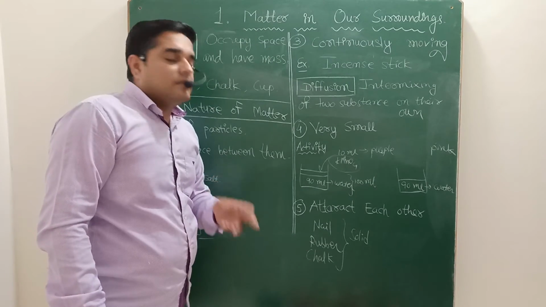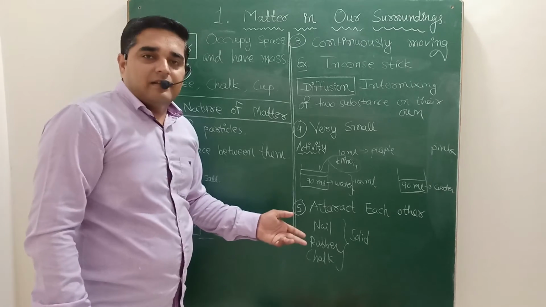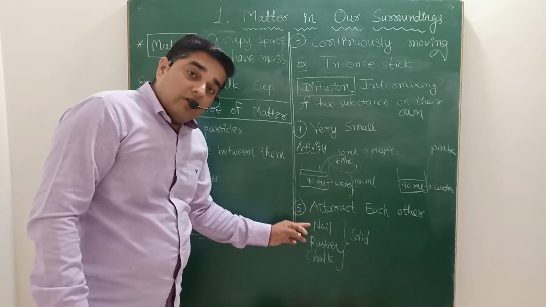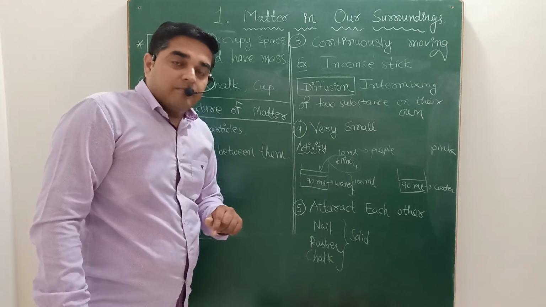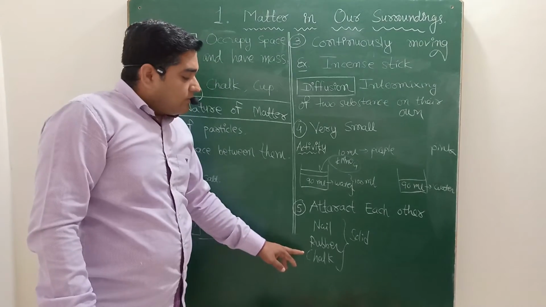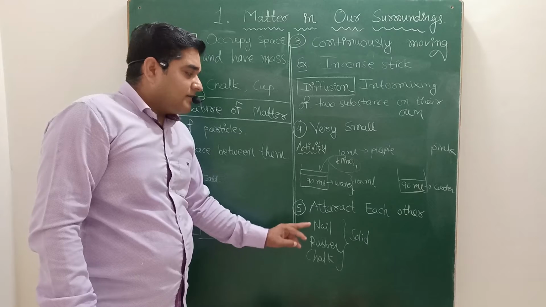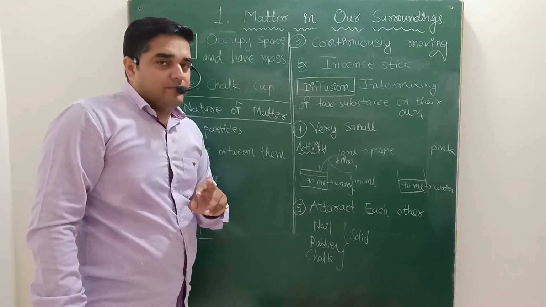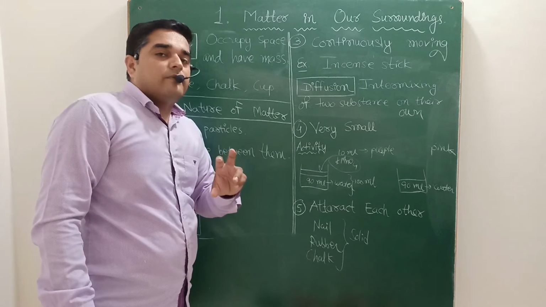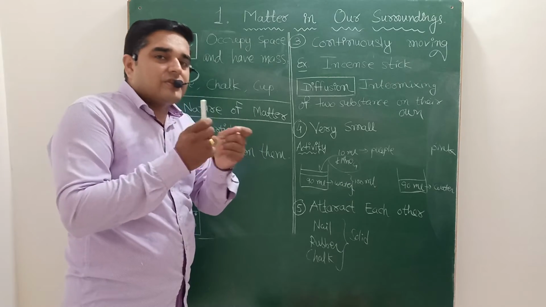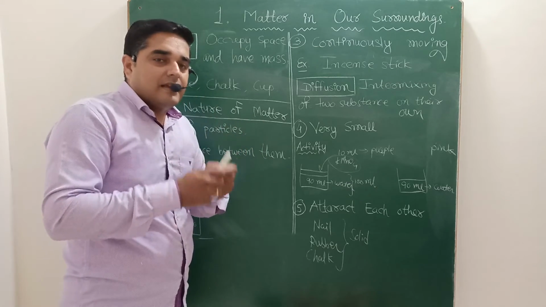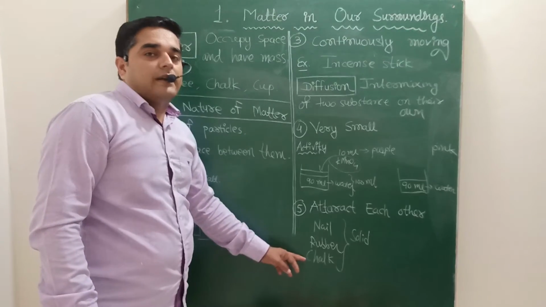And which is third? Absolutely the nail. All three are solid, but the bonding between chalk particles, rubber particles and nail particles is different. So if the attraction between particles is less, they are easily broken down.